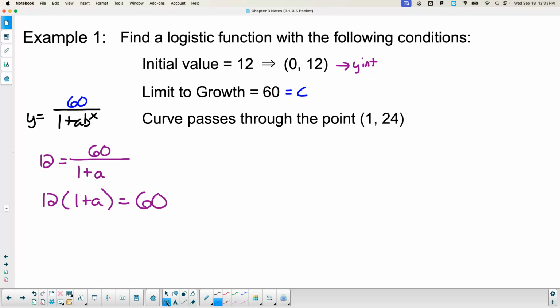Yeah. Then what? Could distribute, or I could just divide by 12.